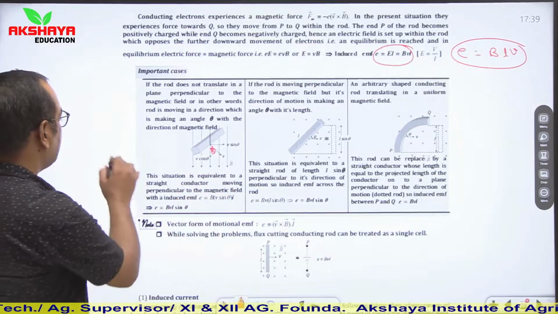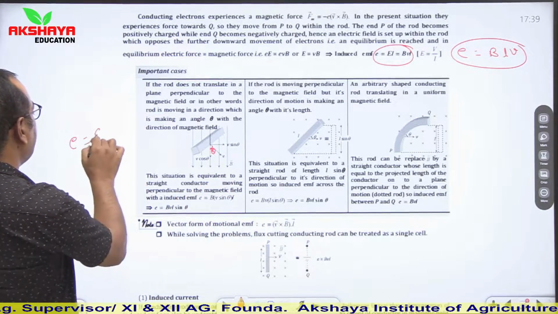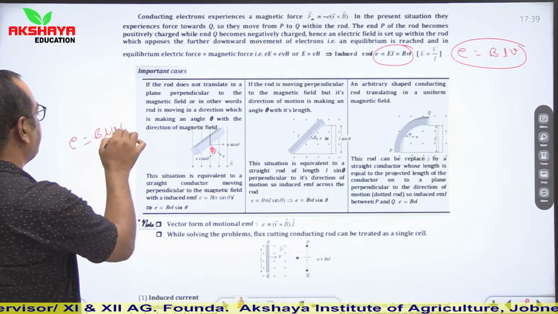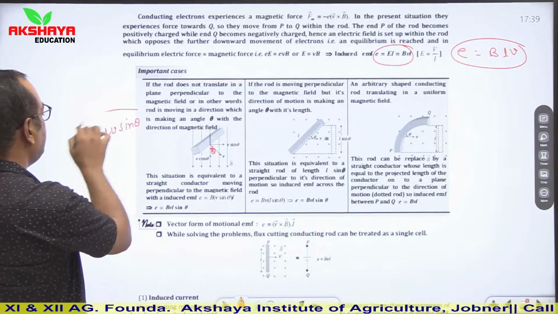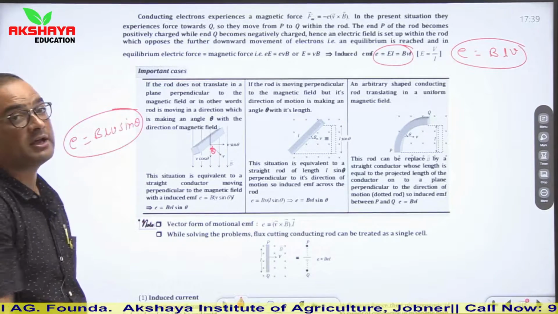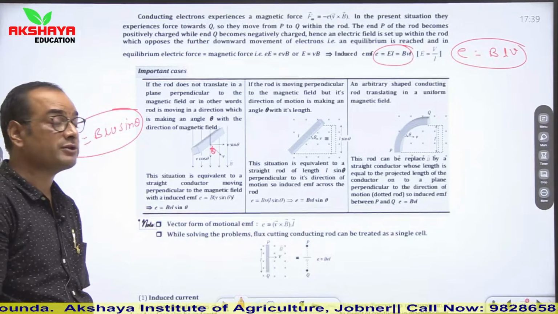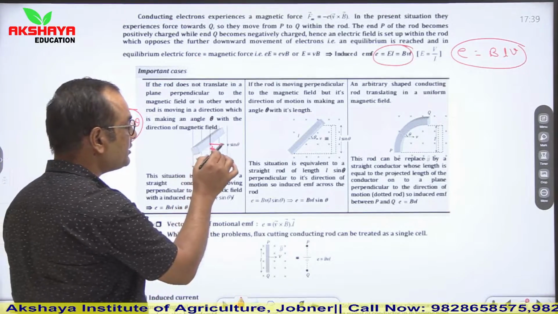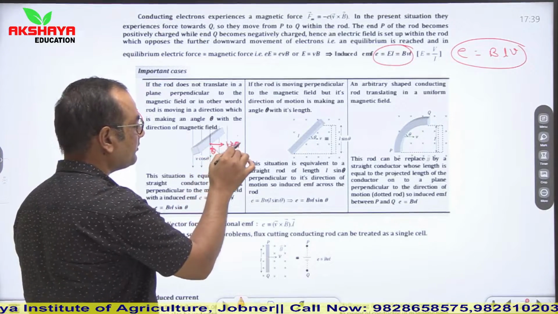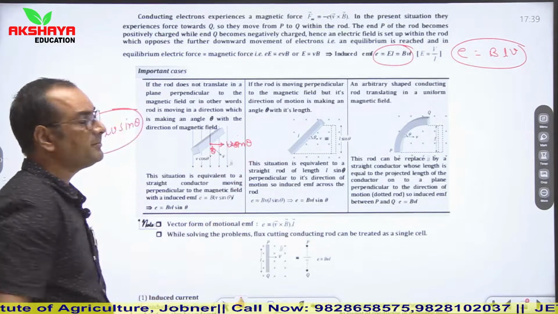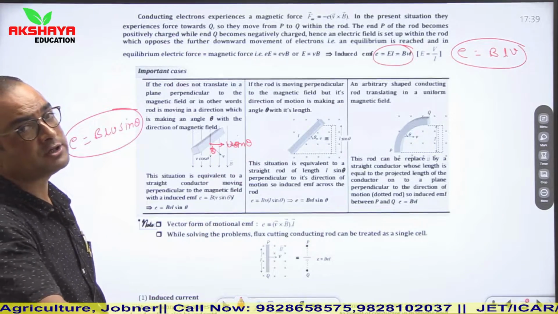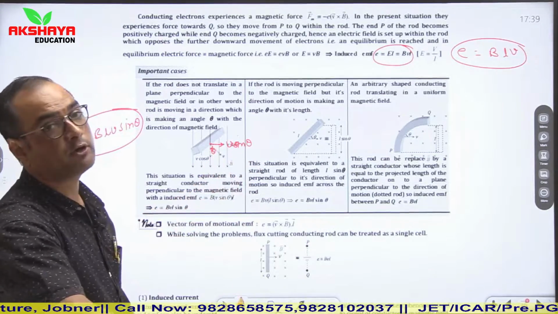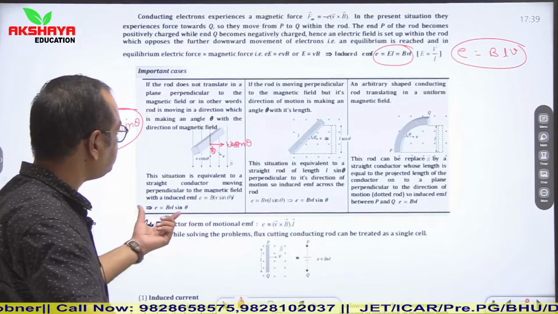So in this case, induced EMF will be E is equal to BLV sin theta, because the component of velocity perpendicular to the magnetic field is v sin theta. So induced EMF will be caused due to the v sin theta component of velocity.